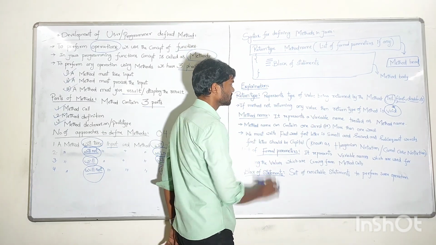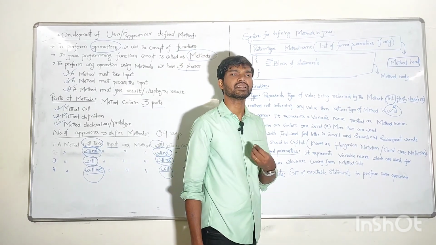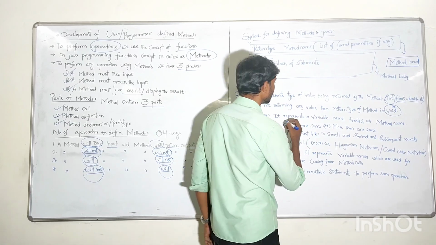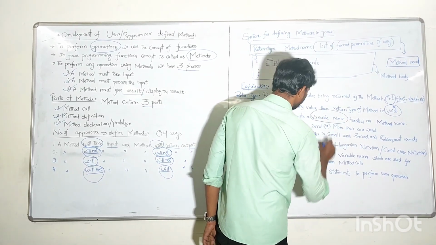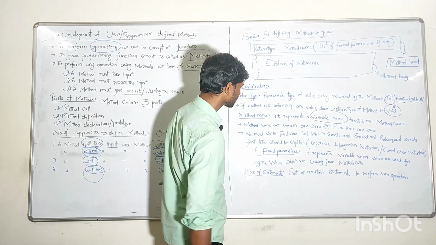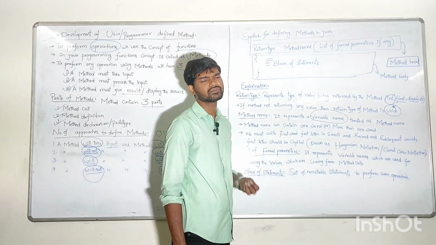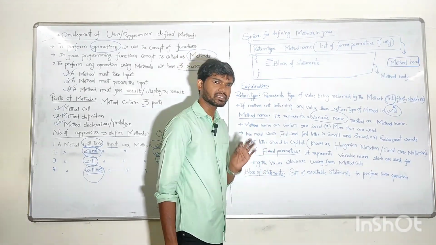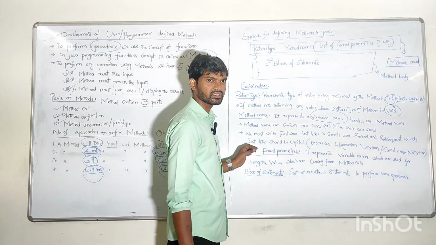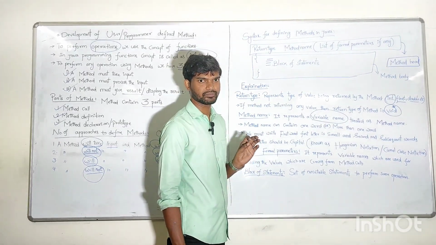And method name represents any valid variable name. Any valid variable name is treated as a method name. This method name may contain one word, two words, three words, or any number of words. But the condition is the first word's first letter should be small.